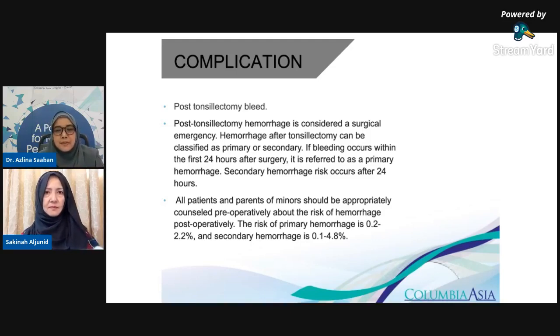During operation, sometimes it is a bit difficult in patients with a small mouth, because we need to open the mouth wide. And the other thing is TMJ dislocation, the jaw, what do we call it? Temporomandibular joint.